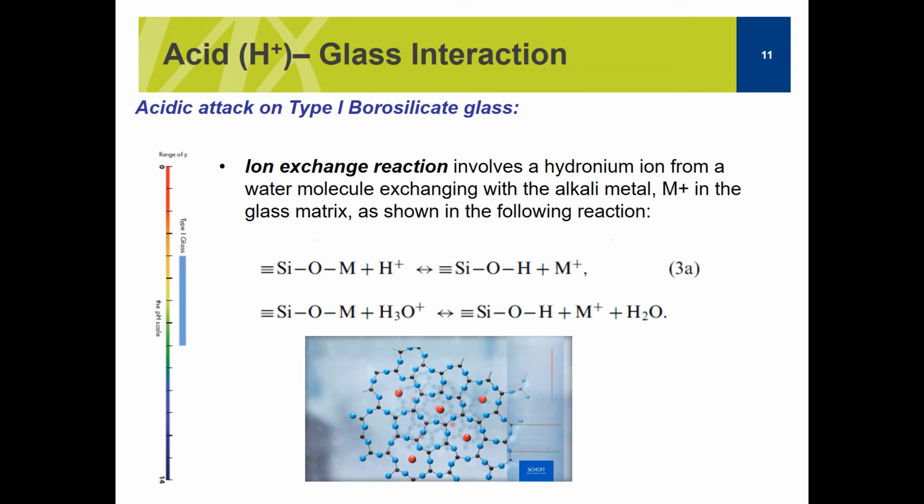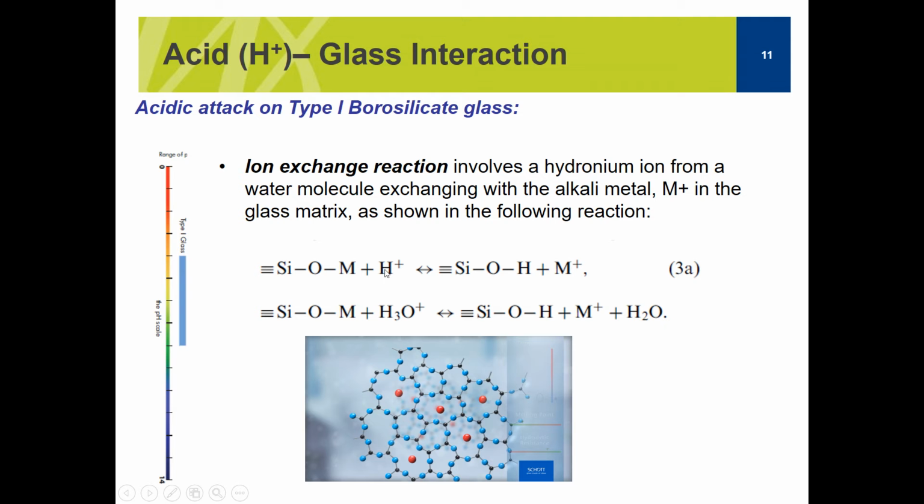This reaction is going to be called ion exchange reactions, and as the name implies, exchange. So we're exchanging one thing for another. In this case, we're exchanging the hydrogen ion with a network modifier, in this case sodium.